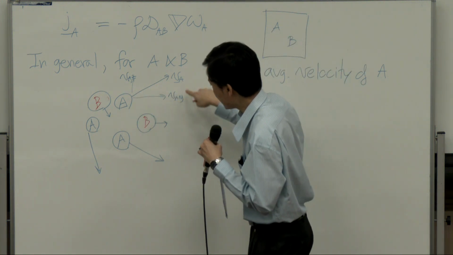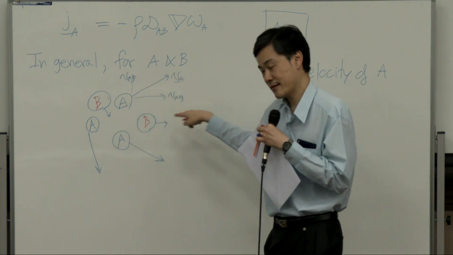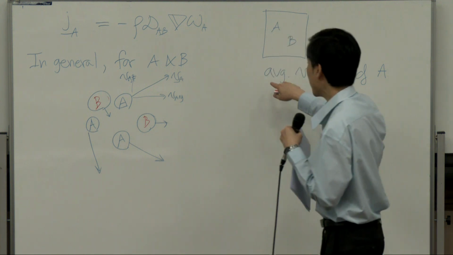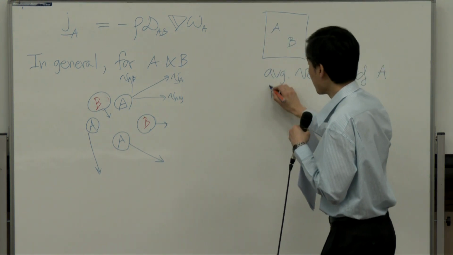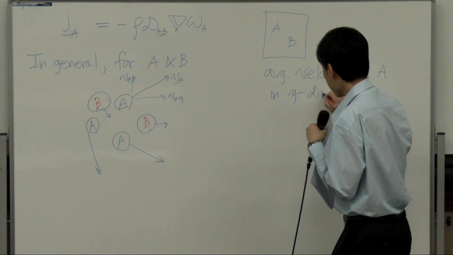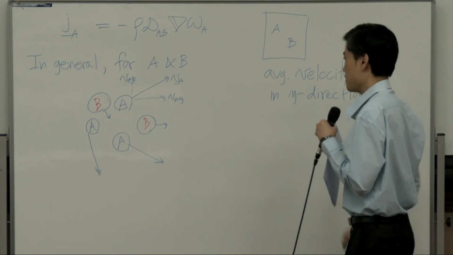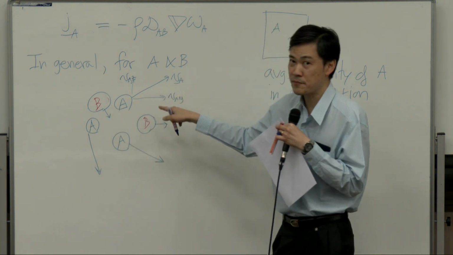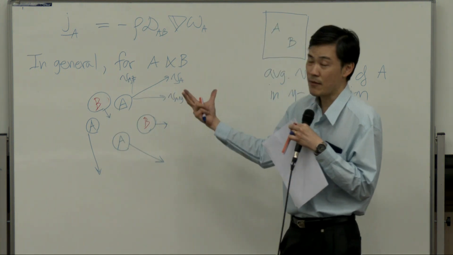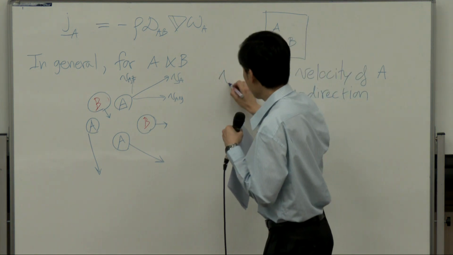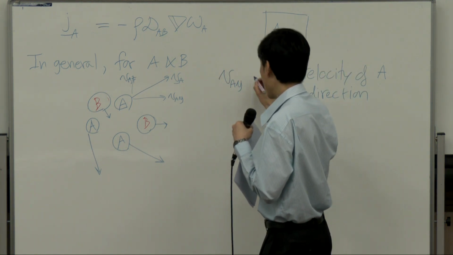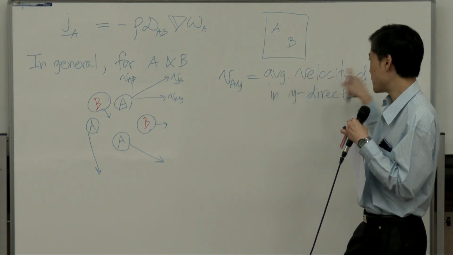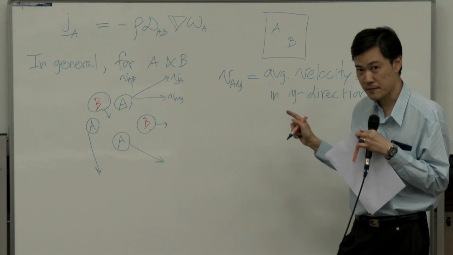Now, if we look at y component only, just for simplicity, I can find average velocity of A in y direction. Basically, I expand to find VAY for all molecules, add them up, divided by 3. I'm going to define this variable, VAY, to be average velocity of A in y direction.